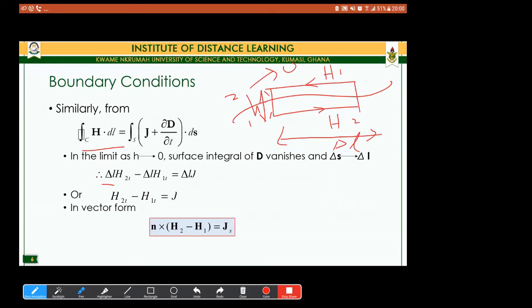So if you want to sum around this rectangle, this is medium 1, H1 here, and then H2.